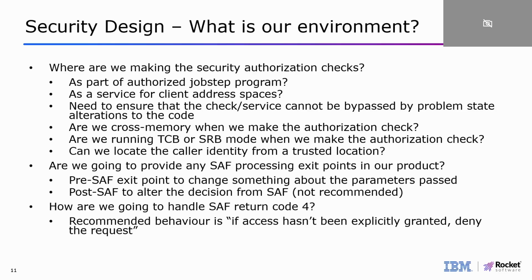What I'm implying here is it's very poor design to get the client to tell you who he is. Clients should not be saying, oh, by the way, I am called IBMUSER, even though they're not IBMUSER, they are some other TSO user ID. So we need to always be able to drag that caller identity from trusted MVS control blocks beyond the control of the client that's calling us.